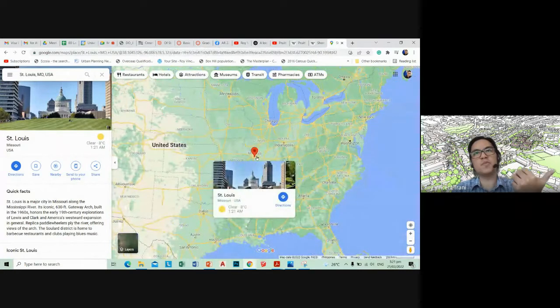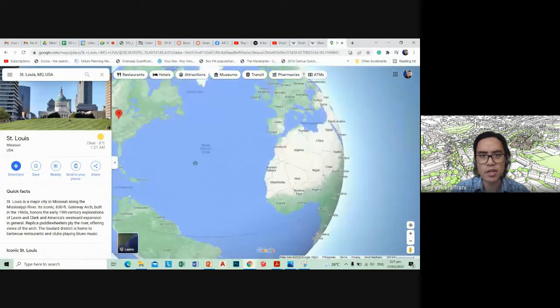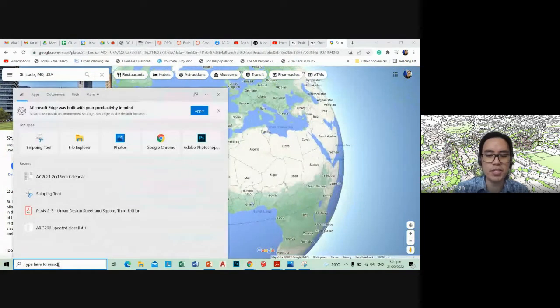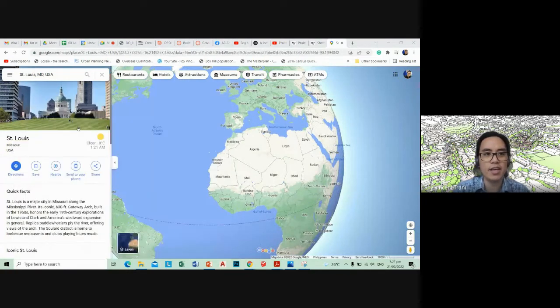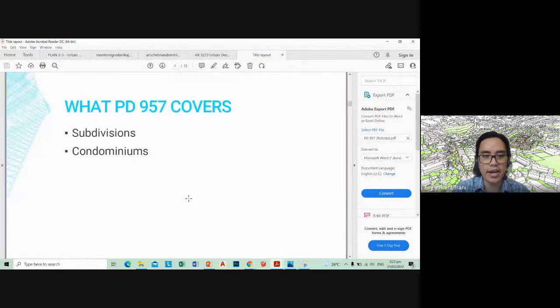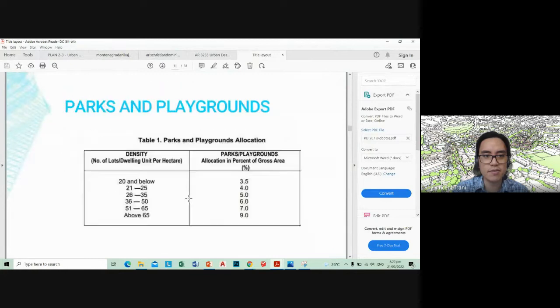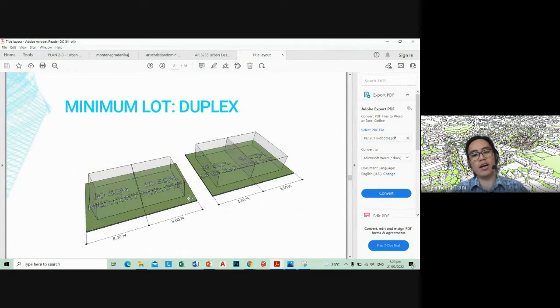So let's talk about housing in the Philippines. So what are our housing codes over here? We have PD 957. We talked about it last year because you had the housing development. We have subdivision guidelines here. Let's switch to the minimum lot size.